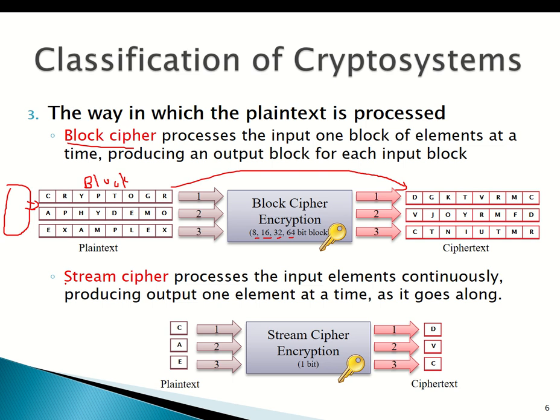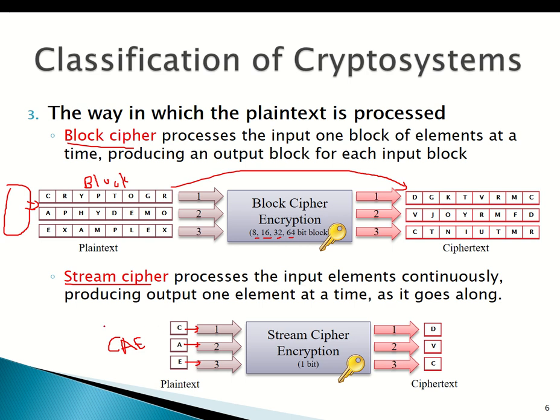The second one is called a stream cipher. A stream cipher processes the input elements continuously, producing one element at a time. So if you have, for example, letters, we take the first letter, second letter, and third letter.